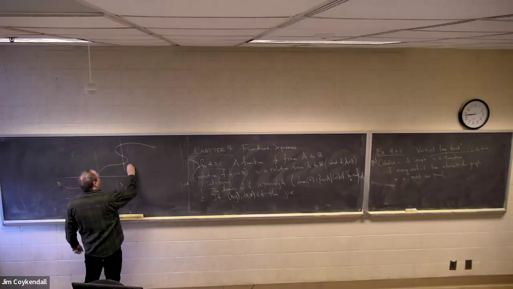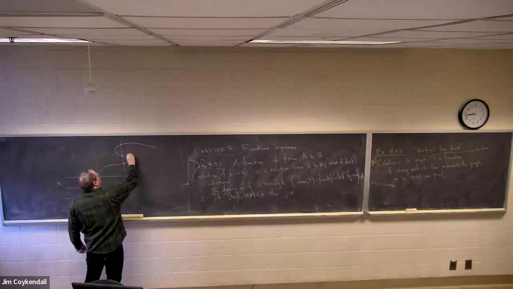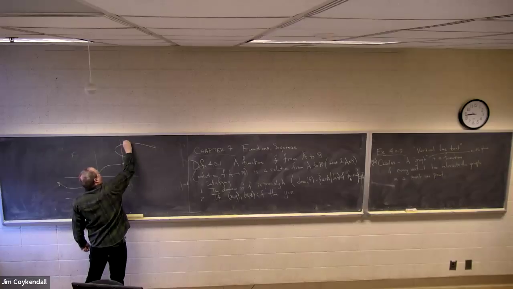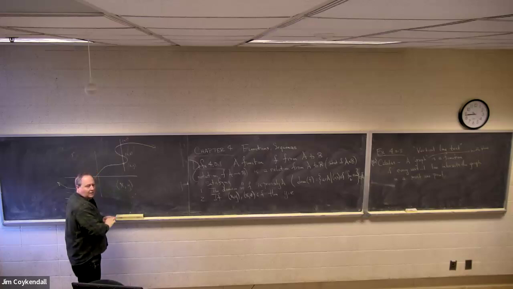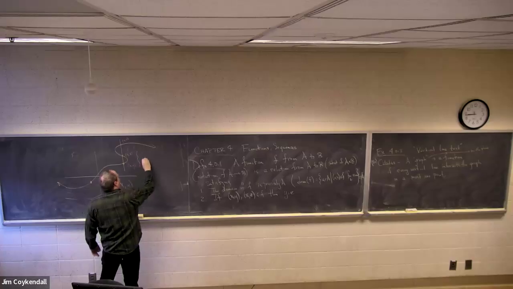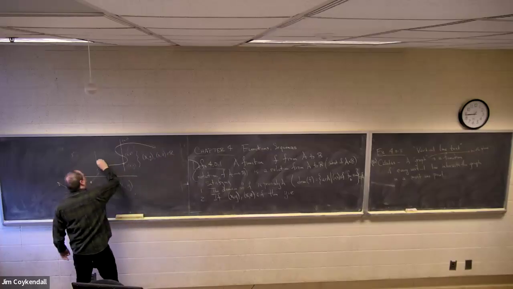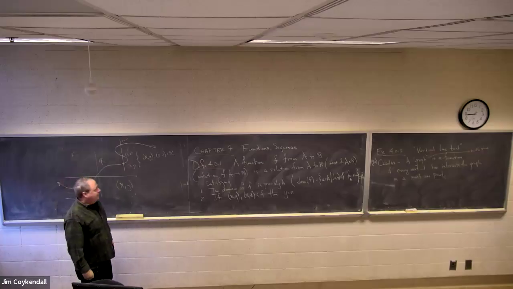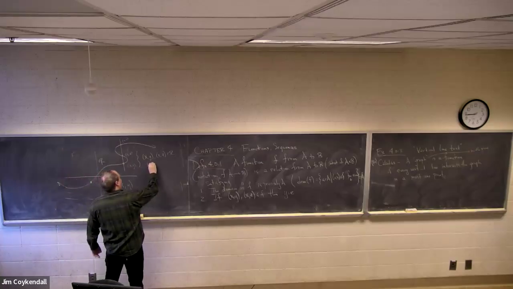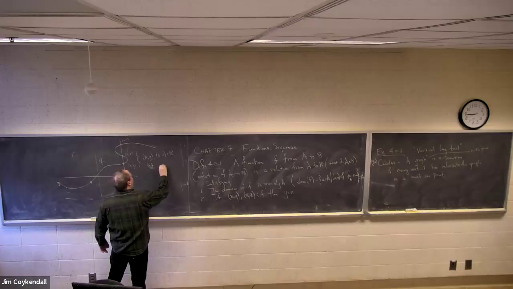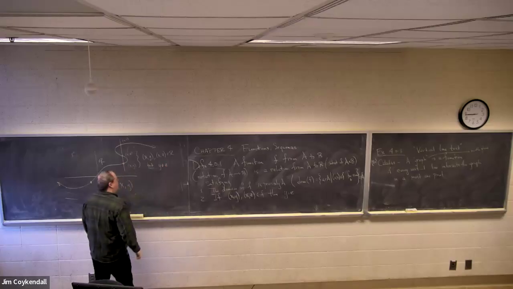So we'll call this (x, y), (x, z), and (x, t). Why is this not a function? Because notice that (x, y) and (x, z) are in this relation. I'll call this R because this curve defines the relation. But y is not equal to z. So not a function.